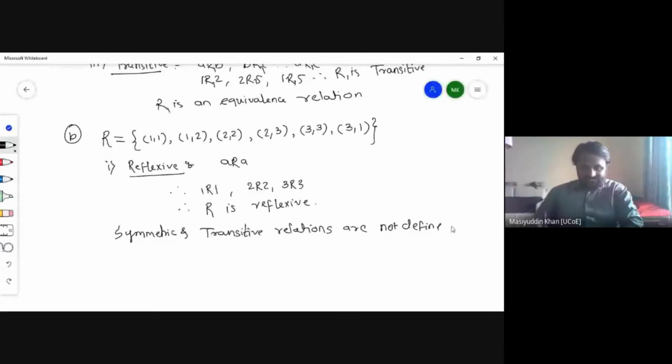Defined in R means in this relation. Therefore, R is not an equivalence relation.